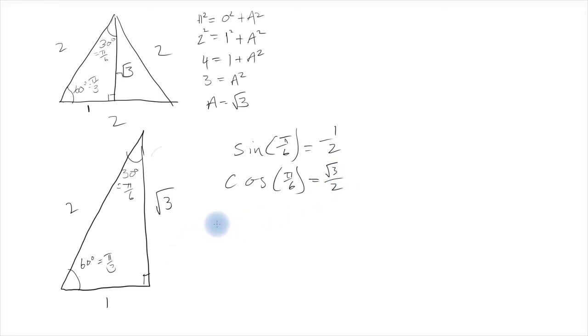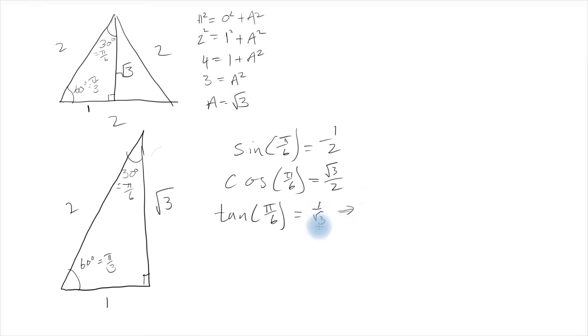And lastly, tan of pi on 6. Tan of pi on 6 is opposite 1 over adjacent root 3, 1 on root 3. By the way, as a quick aside, some people like to not put surds as the denominator.